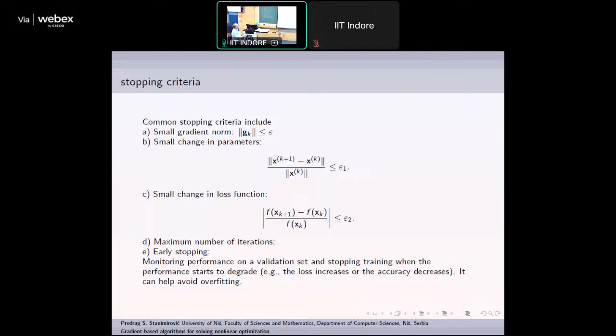First criterion is small gradient norm. Another is small norm of difference between two iterative points. Third criterion is small change in loss function, in goal function, in objective function. Another criterion is maximum number of iterations. When do we use this criterion?